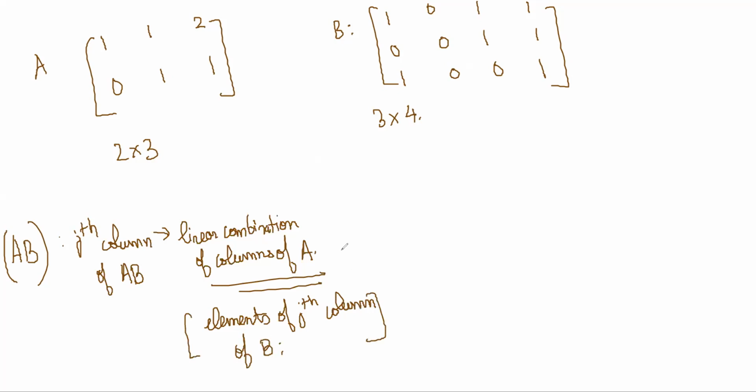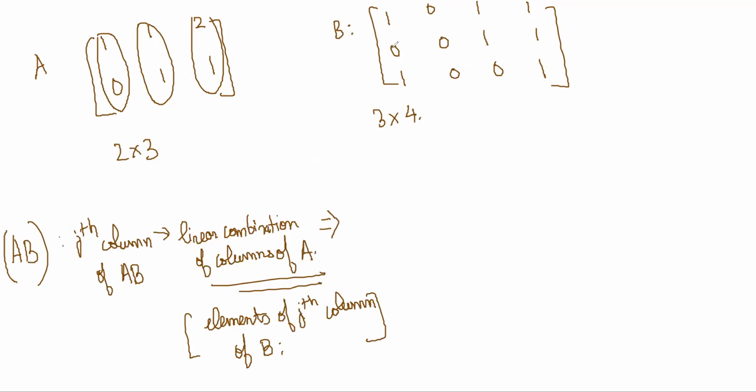So we will verify it. The theorem says this: linear combination of columns of A. What are the columns of A? These are the vectors, these are the columns of A, right? And what is the jth column of B?